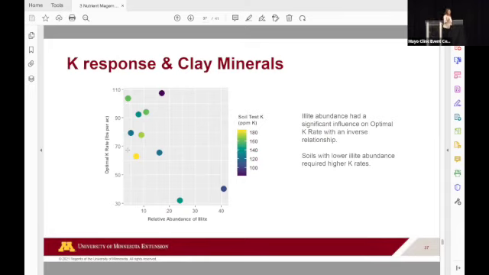That plays right into the smectite question as well. Higher smectites usually means lower illites, and lower illites need more potassium. Higher smectites also seem to want to maintain a higher potassium level. So there is some correlation going on here between the illites and the smectites and how they're responding with potassium in the soil.